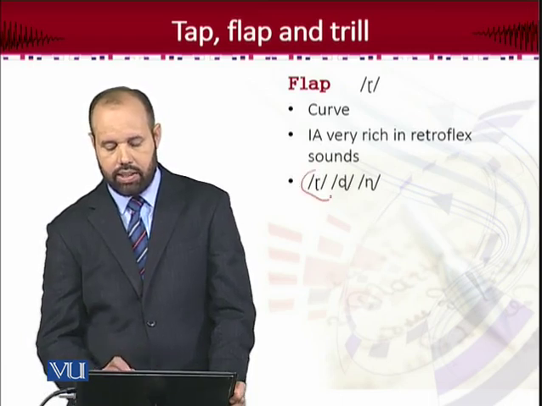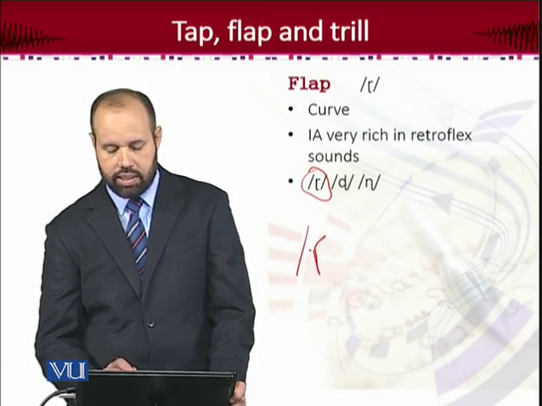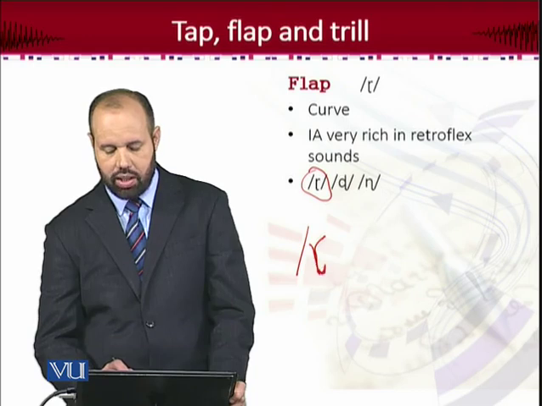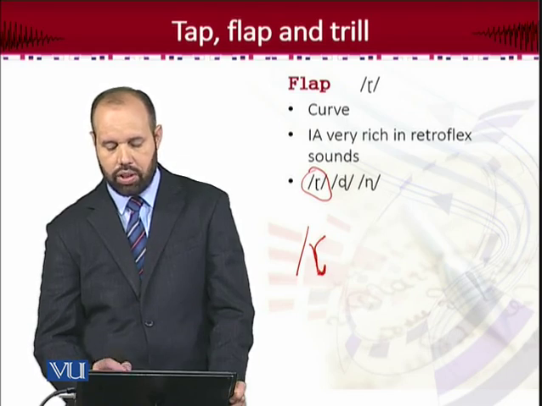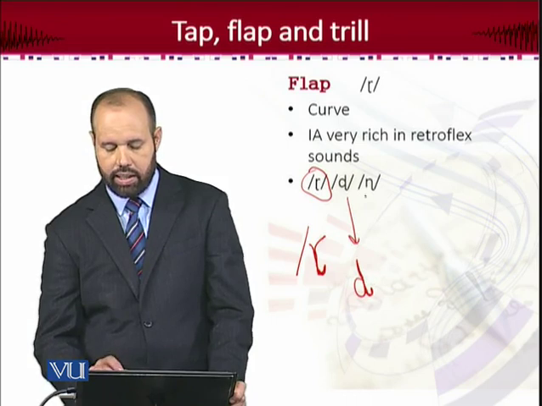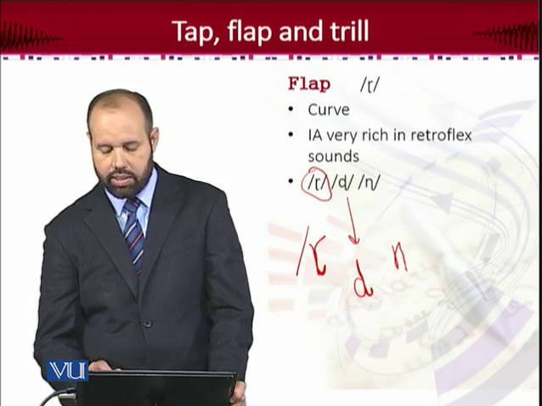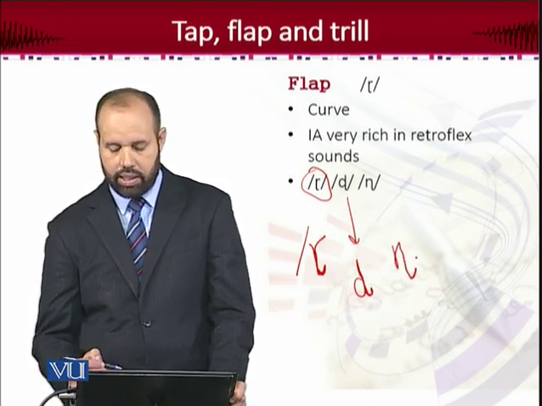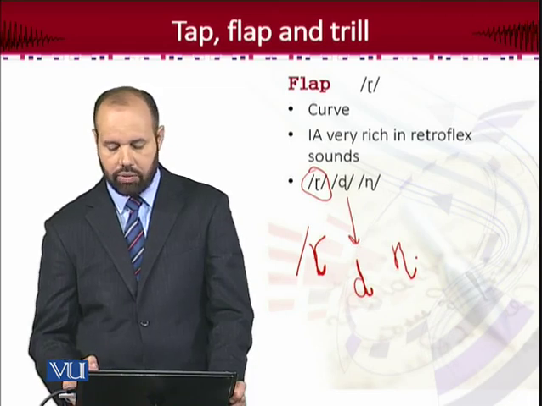This is l, okay, l sound. And if you see that this is r, but then there is this curling sign, which shows that the sound is retroflex. And then this is d, right? This is a retroflex d, and again here is a curling sign, and this is n. So these sounds are very common in Indo-Aryan languages.